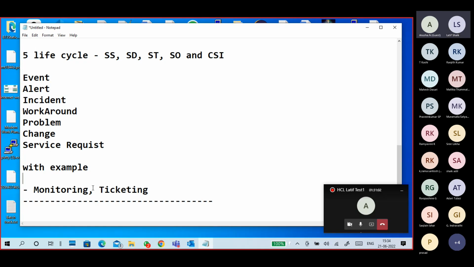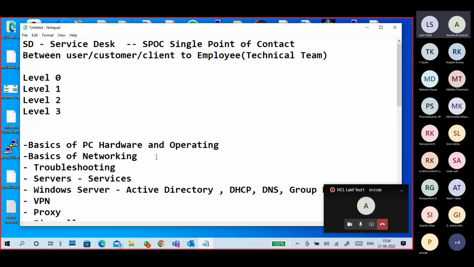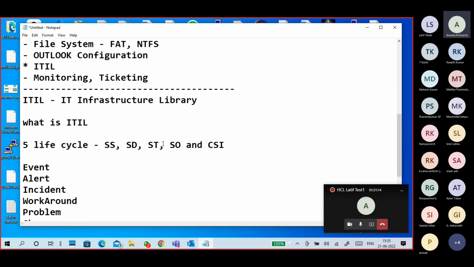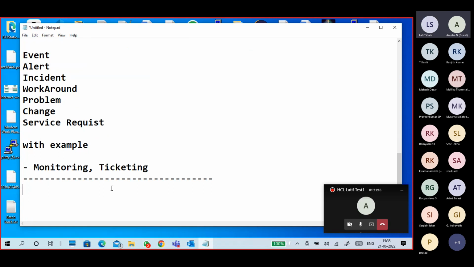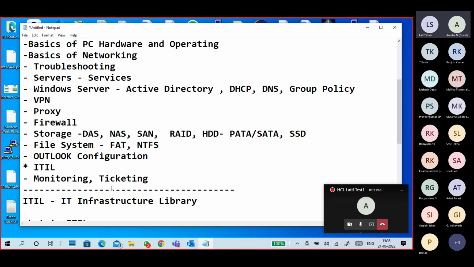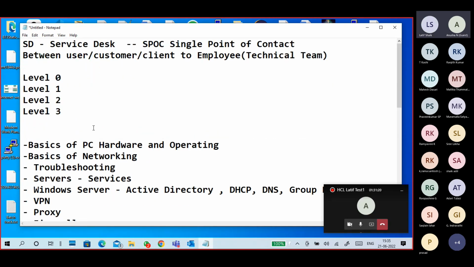So monitoring tools, ticketing tools, asset tools like this. Here, the main course focuses on this kind of format. Okay, guys, did you understand what I tried to explain?